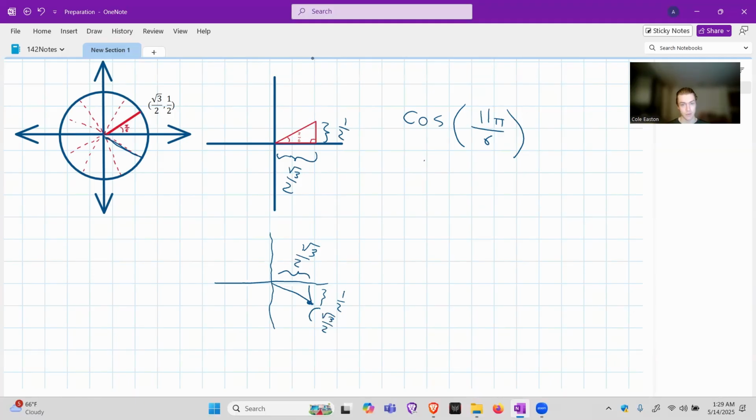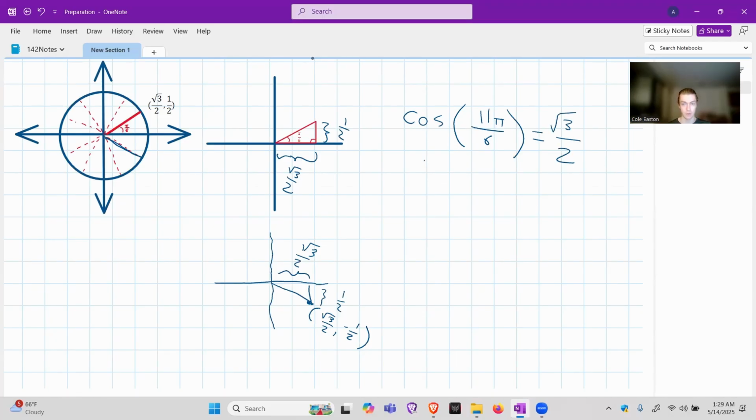And then since this short side has length 1/2, but it's going down from the x-axis, that means that the y-coordinate is negative 1/2, right? Because we're in negative y. So if we go back up here to our cosine of 11 pi over 6, cosine is asking for the x-coordinate, so that is root 3 over 2.